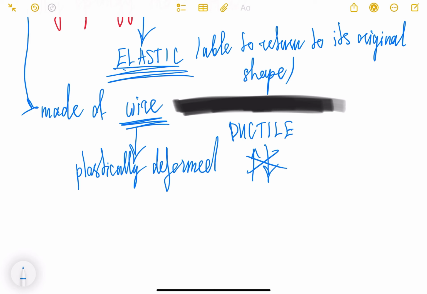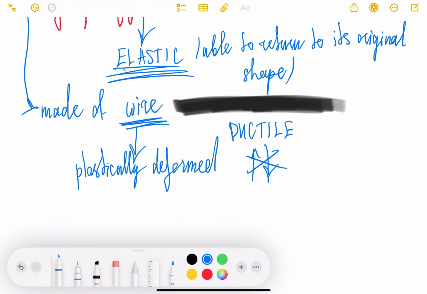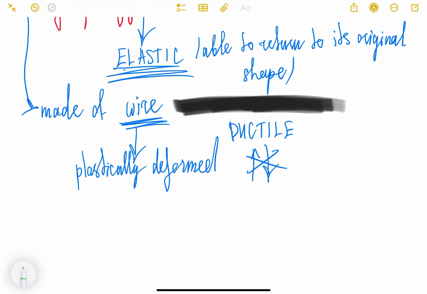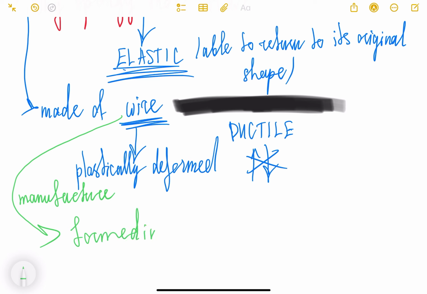So the wire went through manufacture, and it formed into a coil, a smaller piece, and it is tempered.